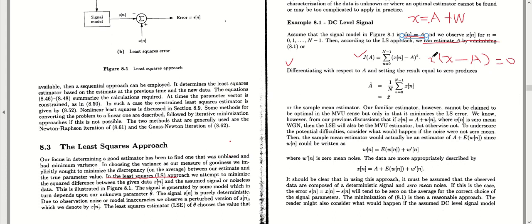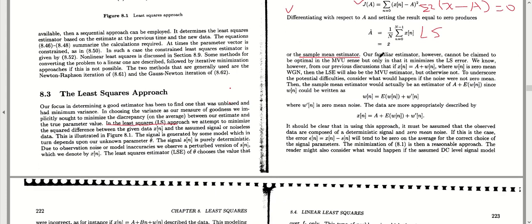Of course, there will be a summation. You solve for the unknown A, and then you get A equal to 1 divided by N, summation xn, equal to x bar. This is the sample mean estimator. So you get this LS estimator, and this is our familiar estimator.